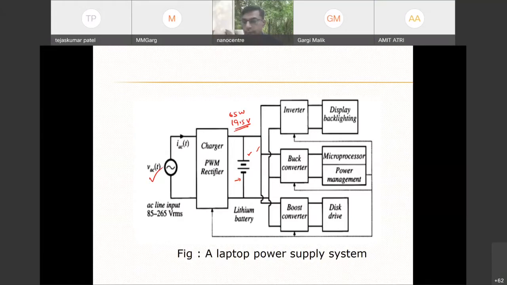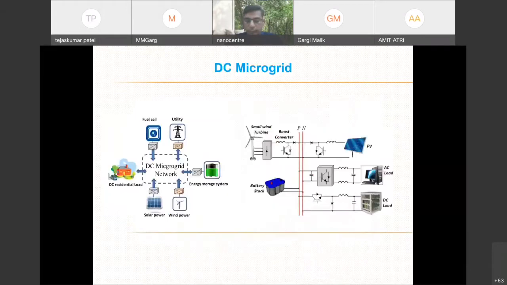Then within that laptop, the source is now this battery, which is DC, but within the laptop there are multiple accessories or devices which need different kinds of power. Let's say lighting or display: if that needs AC, then we need to convert this DC to AC.